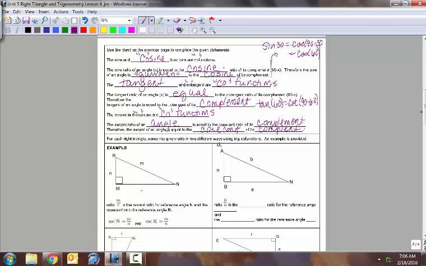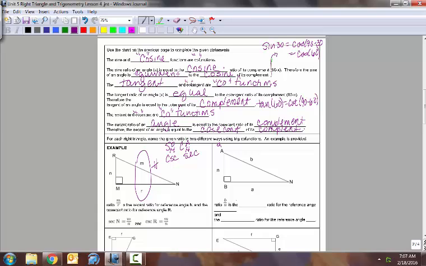All right, for each right triangle, name the given ratio in two different ways using co-functions. An example is provided. So they give us the ratio of M and R. Okay, M is on the hypotenuse, so I'm thinking it's going to be one of those ratios with the hypotenuse, so either sine or cosine, right? Now I have to see m over r. Well, it's going to be the reciprocal of these because the hypotenuse is in the numerator, so I'm thinking this is going to be cosecant and secant.